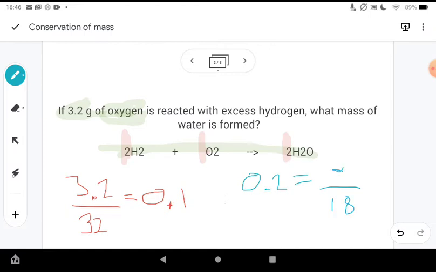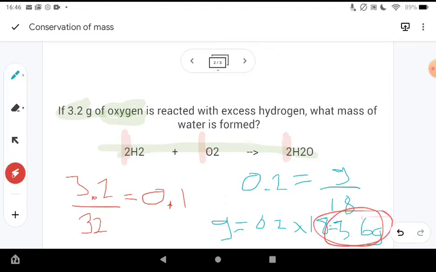I need to rearrange so I've got grams equals 0.2 times 18, which is 3.6. So I would get 3.6 grams, and that would be my answer, right? And that would be how you would go about doing it.